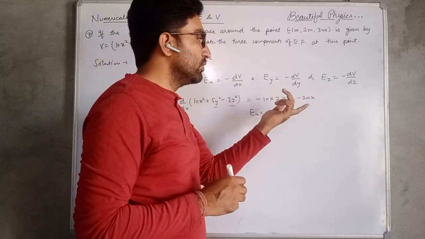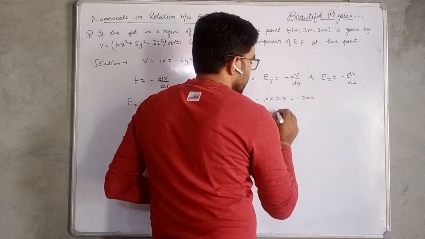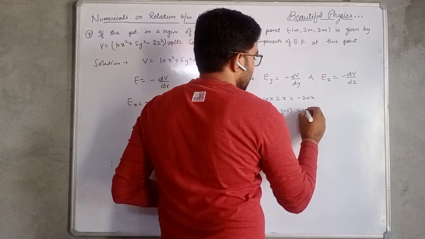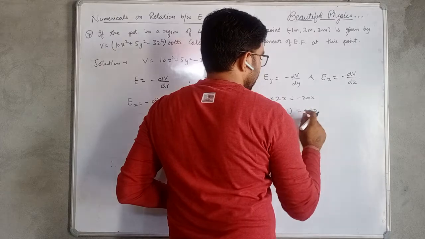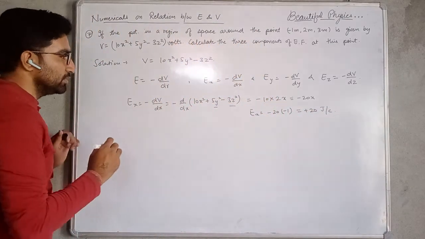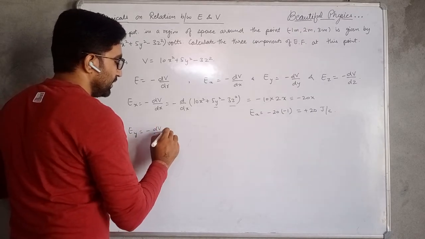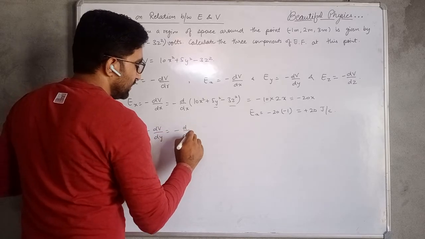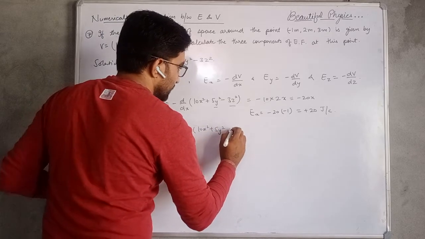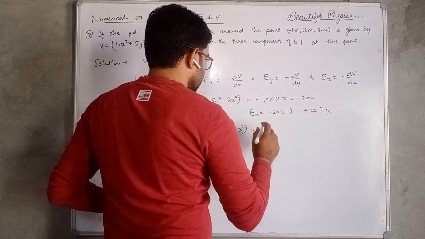At point x, the coordinate of x is minus 1. So it will be equal to minus 20 multiplied by minus 1, which equals plus 20 joule per coulomb. Similarly, we can find Ey, which is equal to minus dV by dy, again d by dy of 10x square plus 5y square minus 3z square.